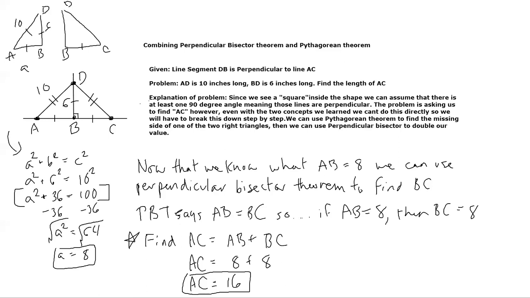So now, when I subtract 36 from both sides, 36 disappears here. And when I subtract 36 from 100, I get 64. So I have a squared is equal to 64. Remember, the square is the problem. I have to get rid of it. The opposite of a square is a square root. So I'm square rooting both sides.